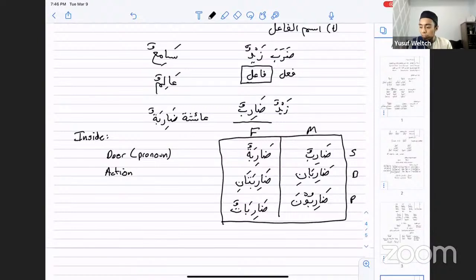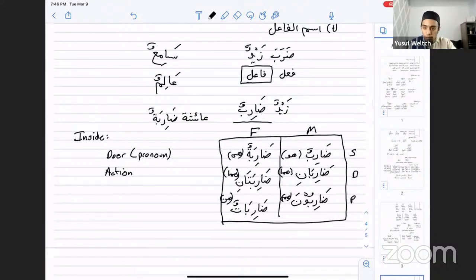So you would say Zaydun daribun, but you wouldn't say al-muslimuna daribun, because it has to match. If you want to join that with the corresponding pronouns, it would be huwa, huma, hum, hiya, huma, hunna.